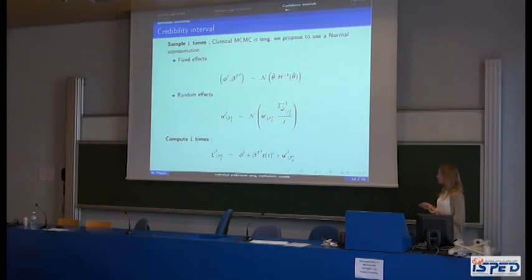And this is possible by sampling for the fixed effect on the normal law. Either you can do it classically with MCMC, but it's quite long to run, or you can make a normal approximation. If you do the normal approximation, you just sample the fixed effect from the normal law that you previously estimated in the first step, and then the random effect from their updated law, knowing the information that is available.